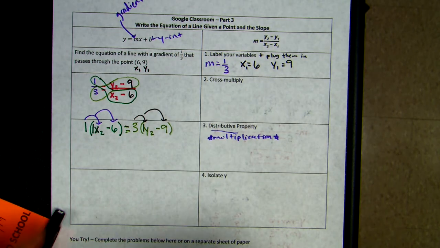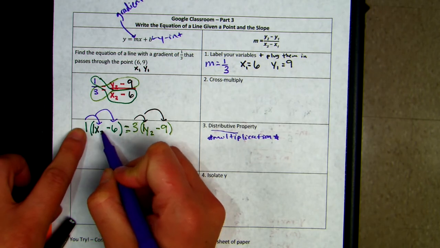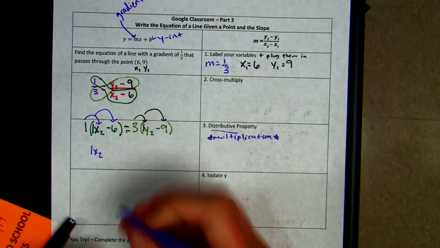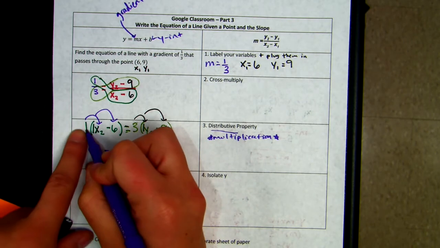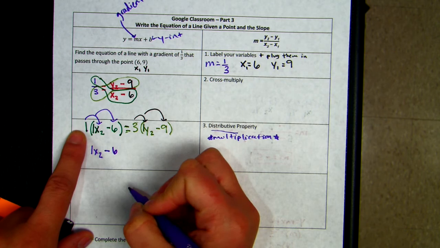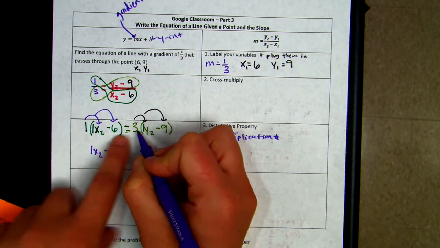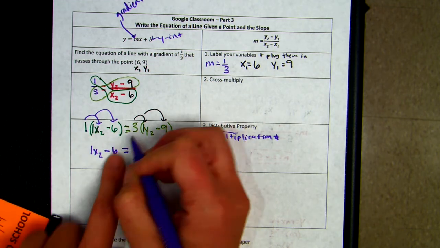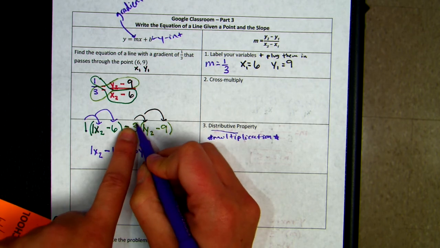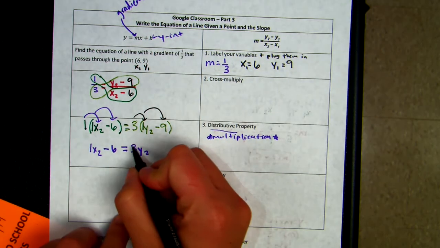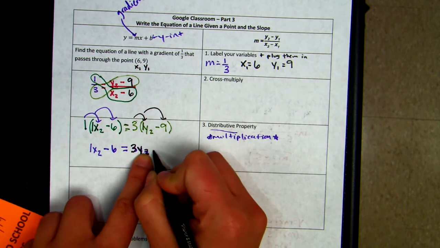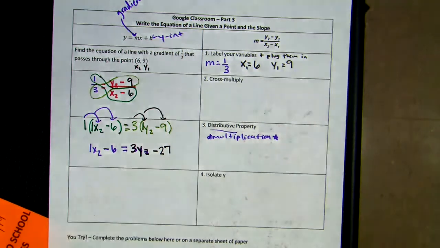Okay, so if I'm looking at this, 1 times 1x2 is 1x2 minus 1 times -6 is -6 is equal to 3 times 1y2 is 3y2. 3 times -9, oops, I meant to do these in a different color, y2. 3 times -9 is -27.